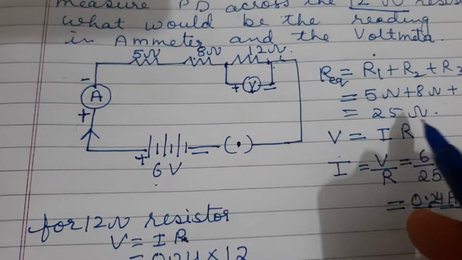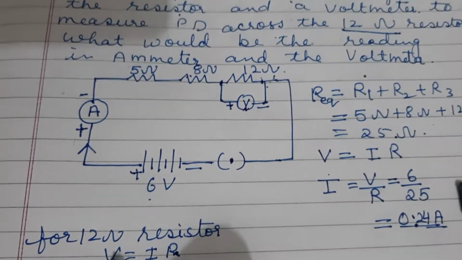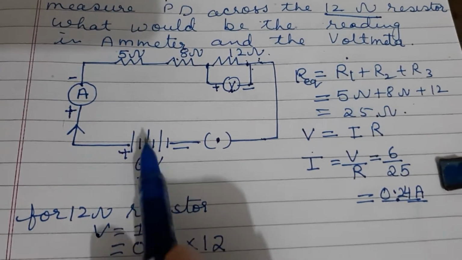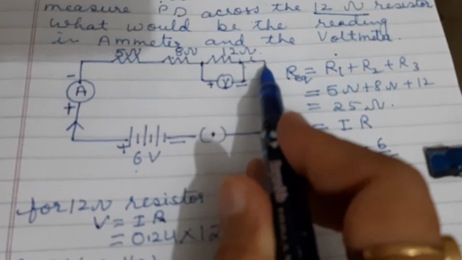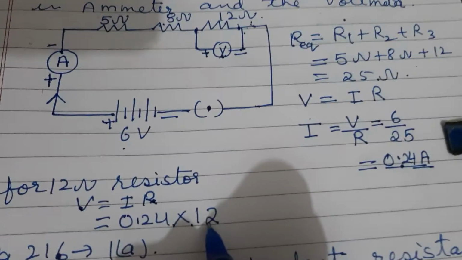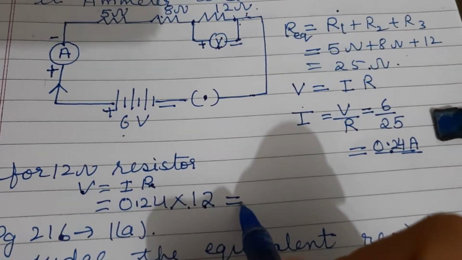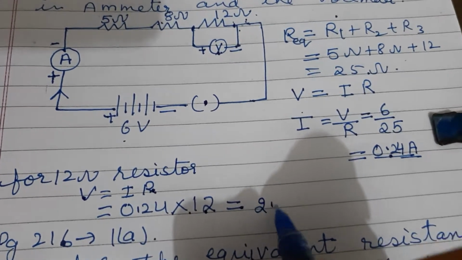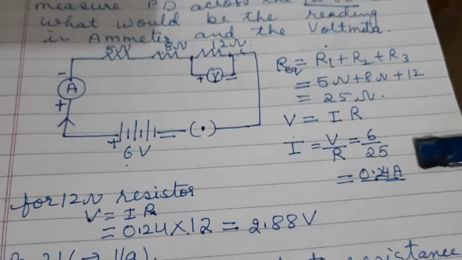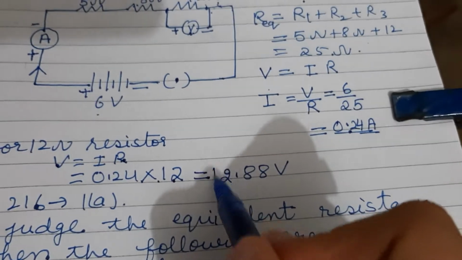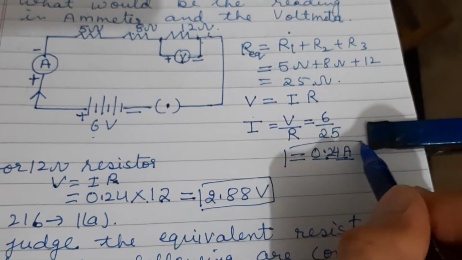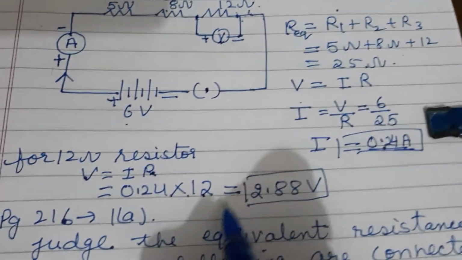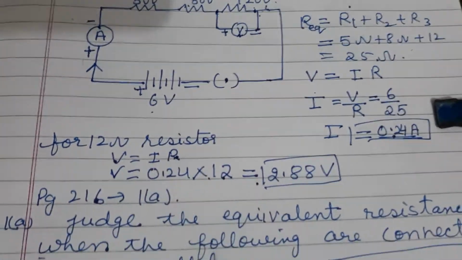We will not take this 25, because the value in the voltmeter we have to find out only for the 12 ohm resistor. By multiplying these two, we will get 2.88 volt. So this is the answer. This is the value of I and this is the value of V.